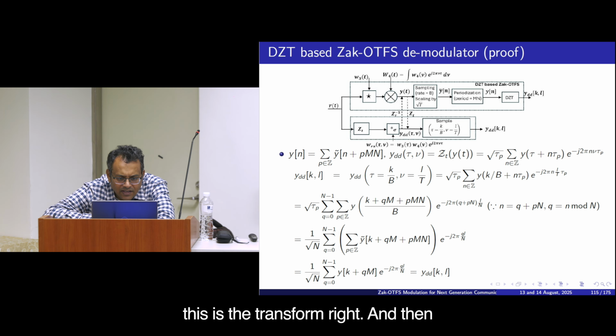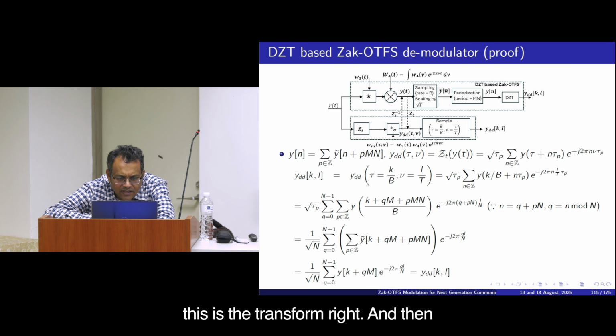And then how do you get y_dd[k,l] in the bottom chain? You take y_dd(tau, nu), which is this expression, and you replace tau with k over B, that is the sampling on the information lattice, and you replace nu with l over T. That is how we defined the receiver yesterday.